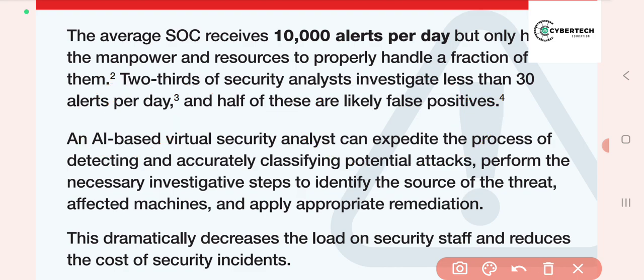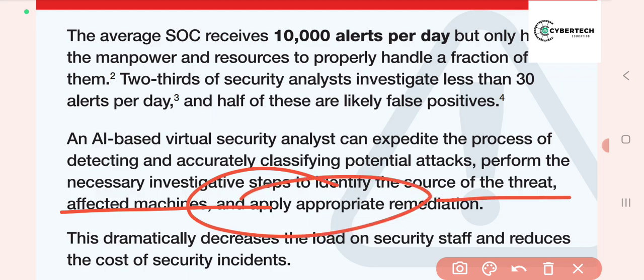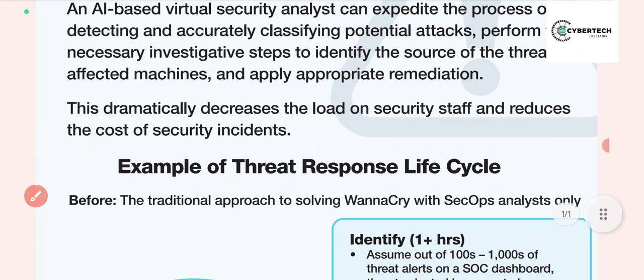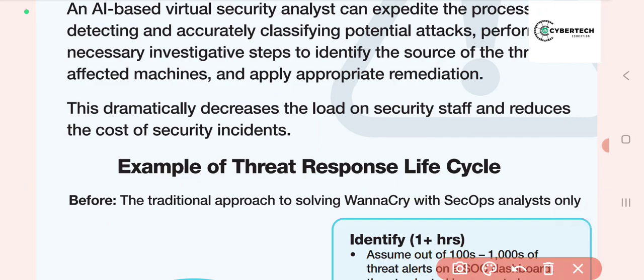An AI-based virtual security analyst can expedite the process of detecting and accurately classifying the potential attack, and performing the necessary investigation steps to identify the source of the threat and the affected machines to apply proper remediation. It means a dramatic decrease in the load on security staff and reduced cost of security incidents, which plays a very crucial role.